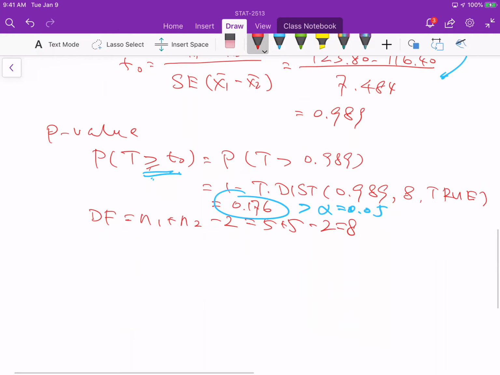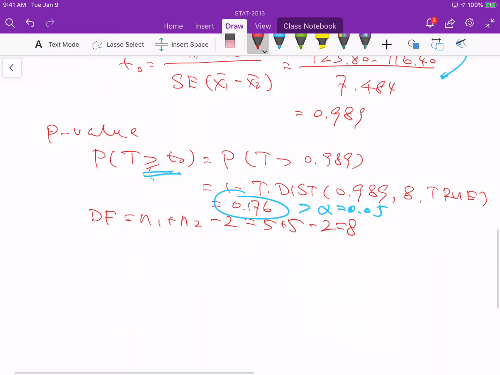Here we cannot get the critical value by hand, so using Excel, this is T.INV of 0.975 with degrees of freedom 8, right?